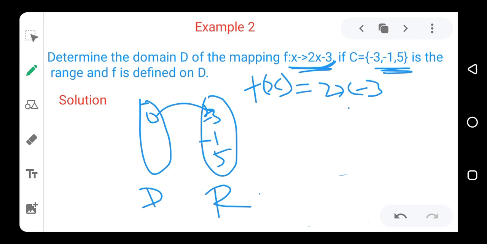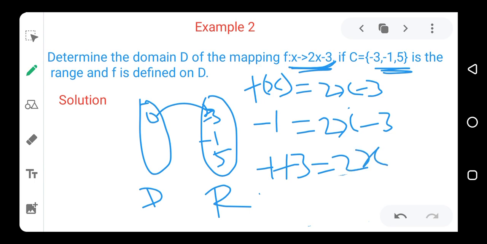We already have minus 1 as the f of x, which is equal to 2x minus 3, and we have that minus 1 plus 3 is equal to 2x, and 2x is equal to 2, which means that x is equal to 2 divided by 2, which is equal to 1.